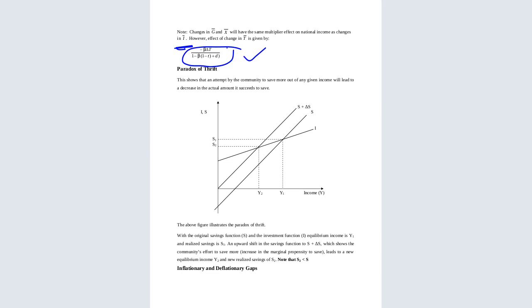Now, that is all about the multiplier concept. I hope you'll be able to follow and compute those multipliers where necessary. I'll give out questions on the same, which you need to compute.